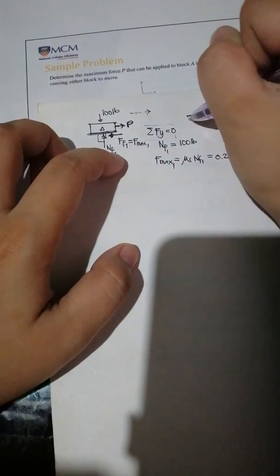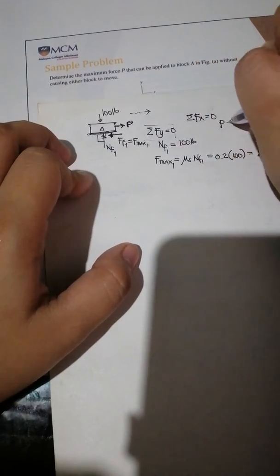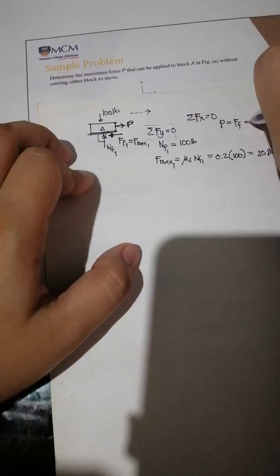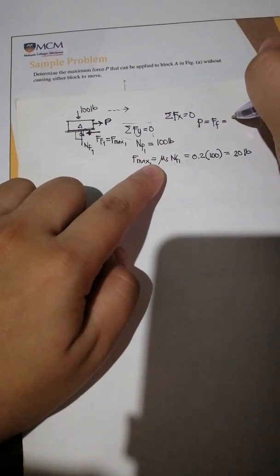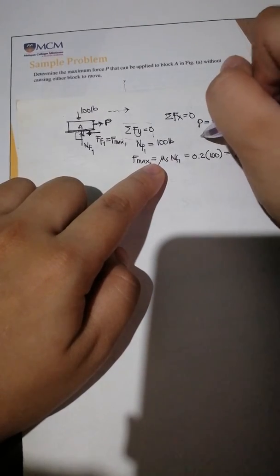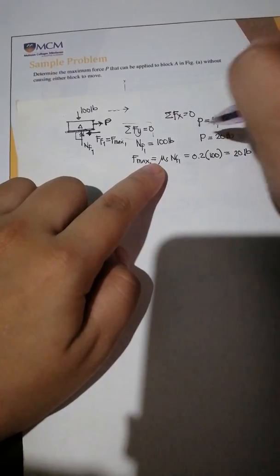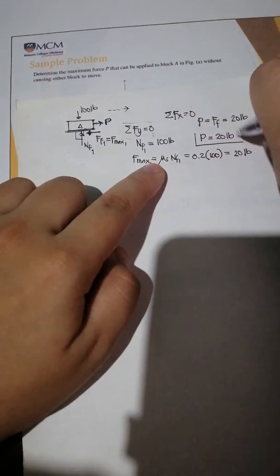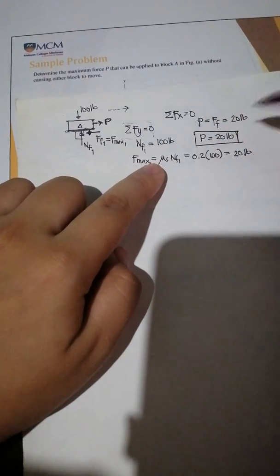Now using summation of force horizontal, our P is simply equal to friction force. If we equate the friction force to maximum force, then friction force will be 20 pounds, which makes P 20 pounds. Meaning, the maximum force P that will keep block A static is 20 pounds.